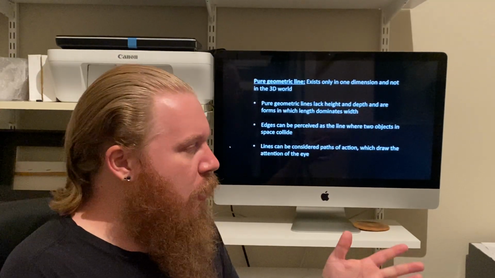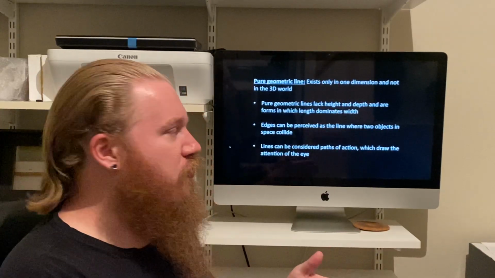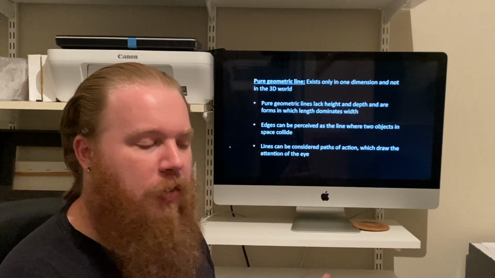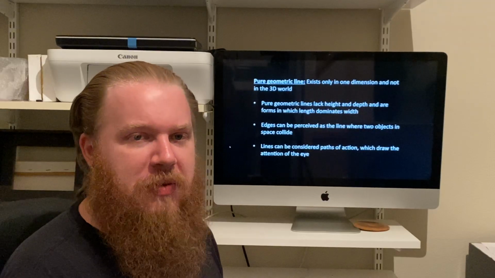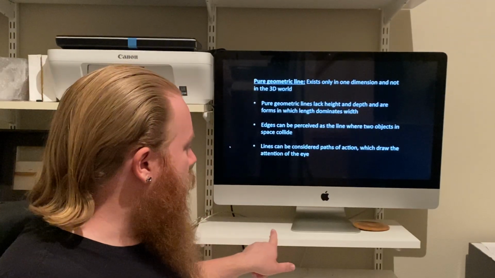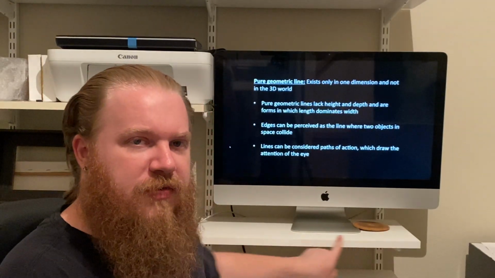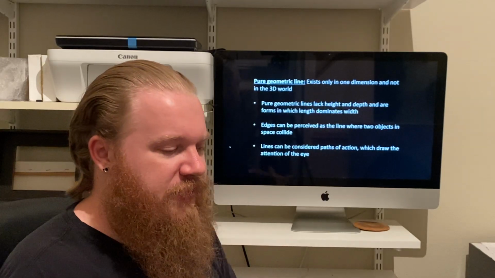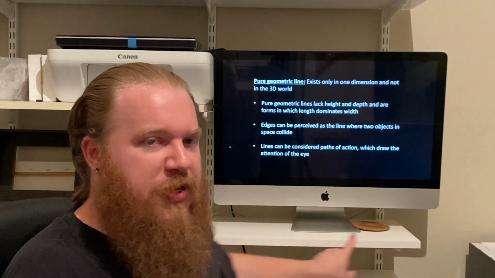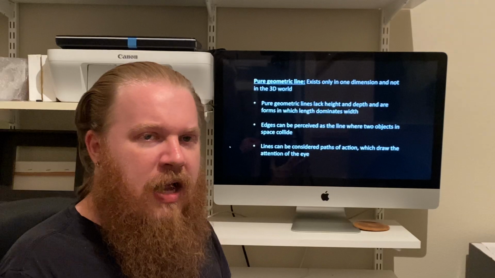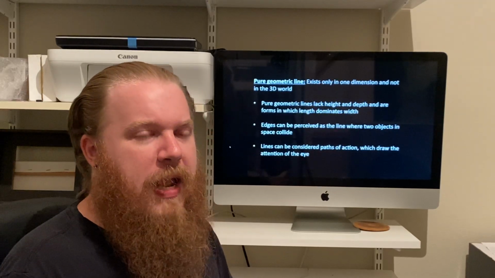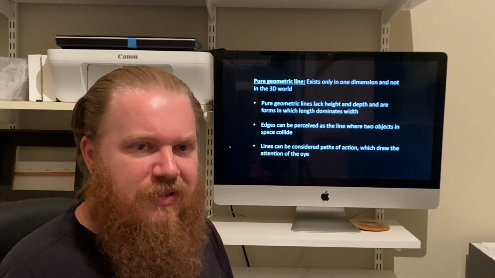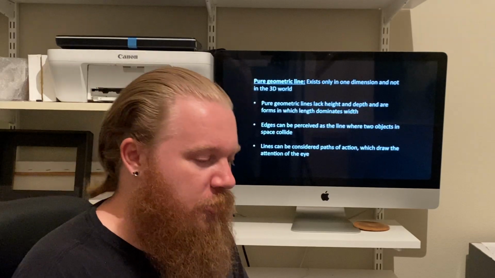So, a pure geometric line, if I was to draw a line on a piece of paper, that would be purely geometric versus, say, the line created by the edge of the desk here. Once again, this would not be purely geometric, only something that we drew on paper that only existed in two dimensions would be considered pure.